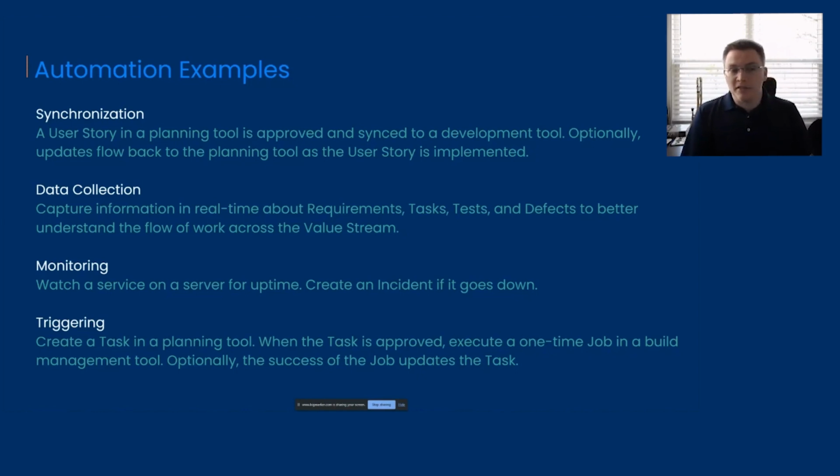You can also do things like collect data, and an example of data collection would be capturing information in real time about all of your different artifacts, requirements, tasks, tests, defects, incidents, builds, jobs, all these different things, and understanding how the work flows across the value stream.